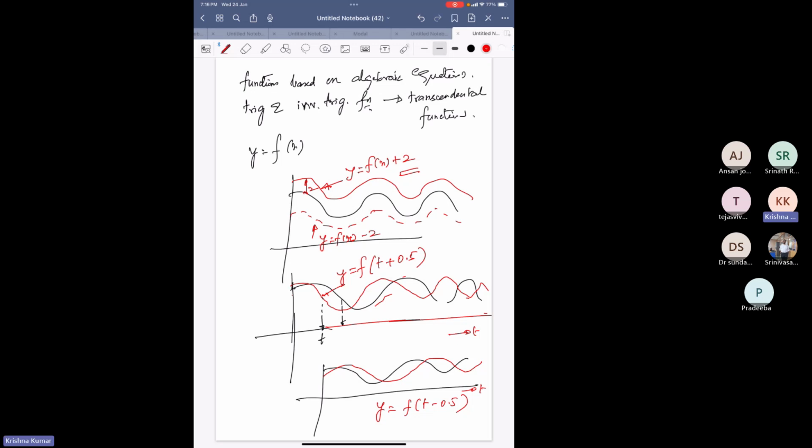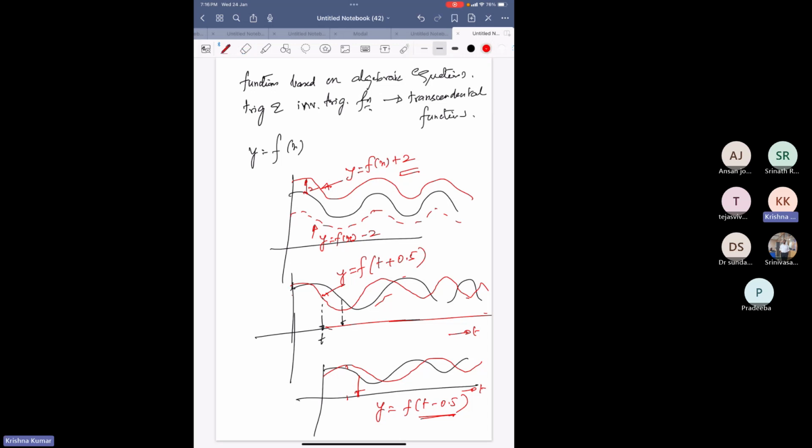What happened at this t is now going to happen at t minus 0.5. Sorry for the confusion, one minute.